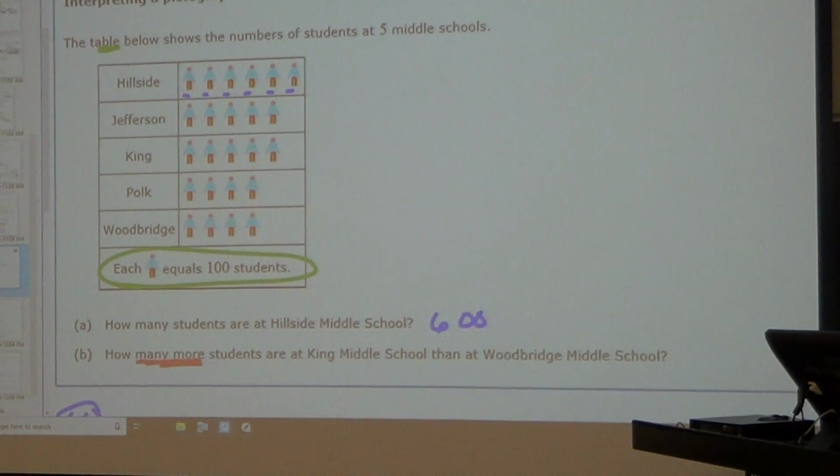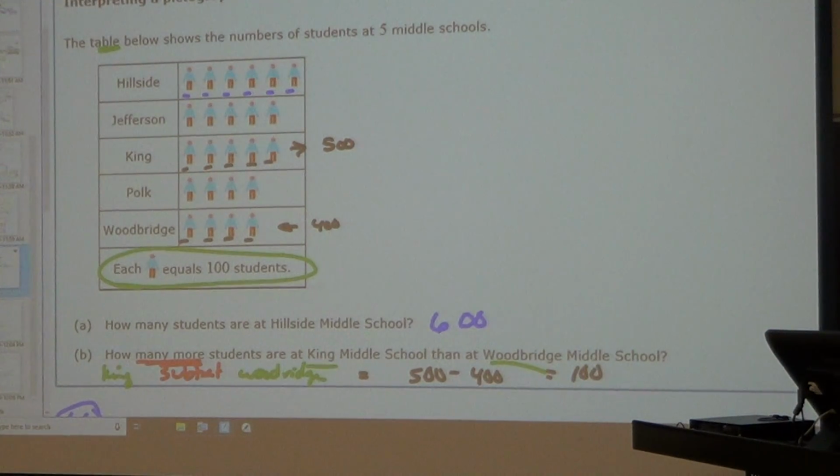What is that telling me to do? Subtract. So we are subtracting King and Woodridge. So how many are at King? 1, 2, 3, 4, 500. Minus, how many are at Woodridge? 400. So how many more are there? 100.